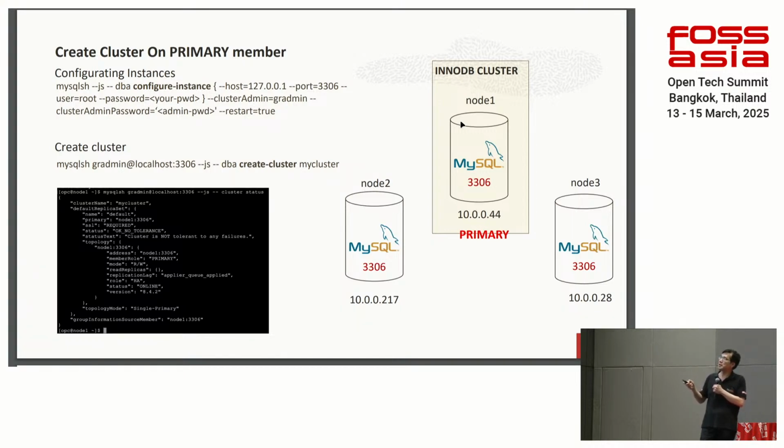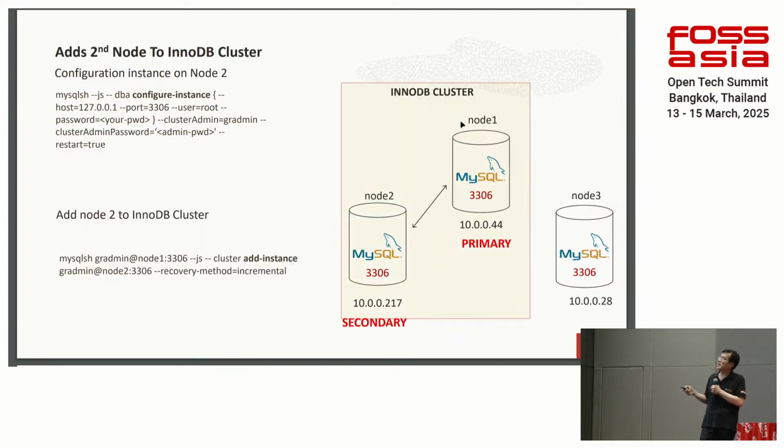After we make some changes to the database, we can issue the MySQL Shell create cluster command, which will create a cluster with only 1 node. And then the next thing is that we can add instance to the cluster.